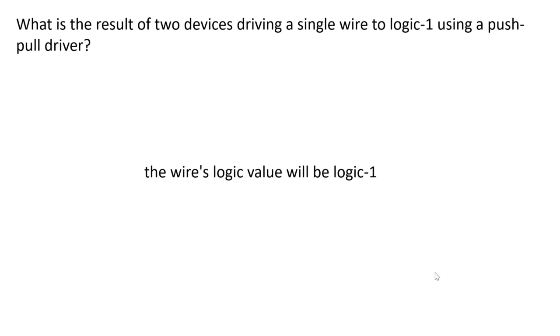You can have two devices driving the same wire if they're both in agreement. The problem is when one tries to pull up and one tries to pull down, then you've got an issue. In this case, it's okay, but it's probably a bug in the design if this is what's happening, but it wouldn't necessarily blow anything up.